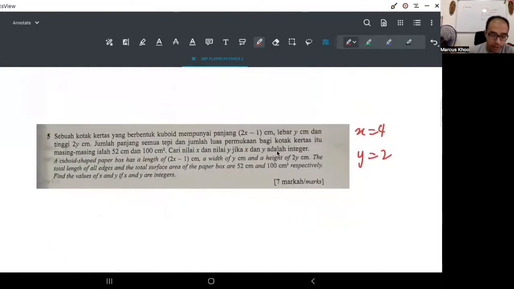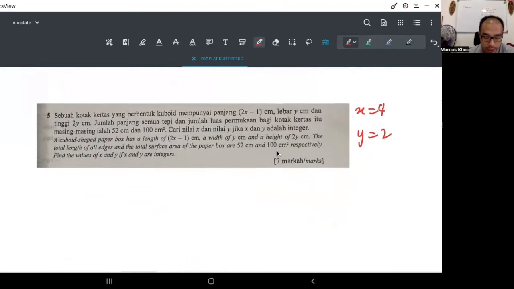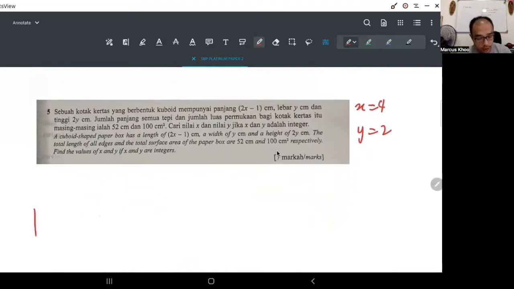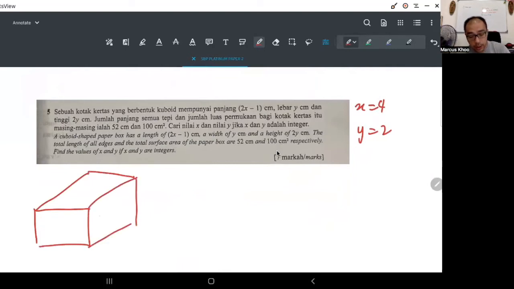Number 5. A cuboid shaped paper box has a length of, okay, let's draw this. So this is a cuboid shaped paper box. You have a length of 2x minus 1, a width of y, and a height of 2y. Let me draw this completely.